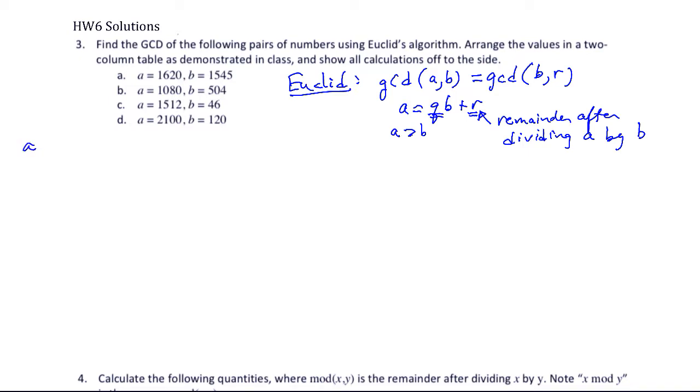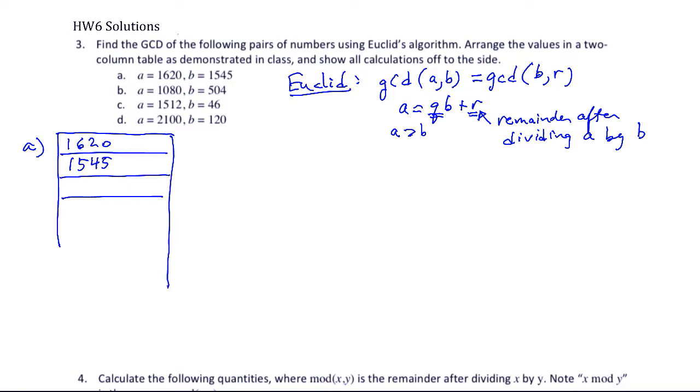For part A, I'm going to go 1620 and 1545. I'm going to put them in a little table like this that allows me to put quotients and remainders. And I'm going to go ahead and put the quotient here and the remainder here.